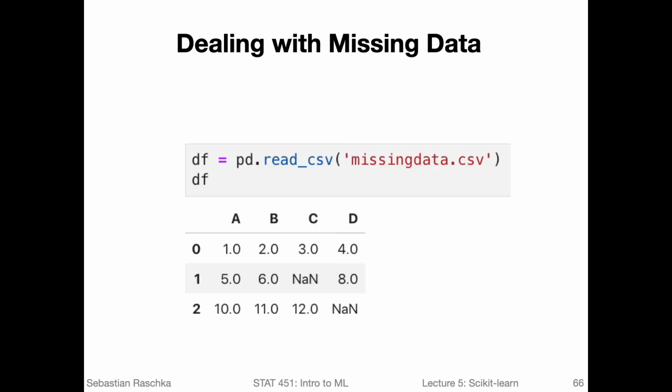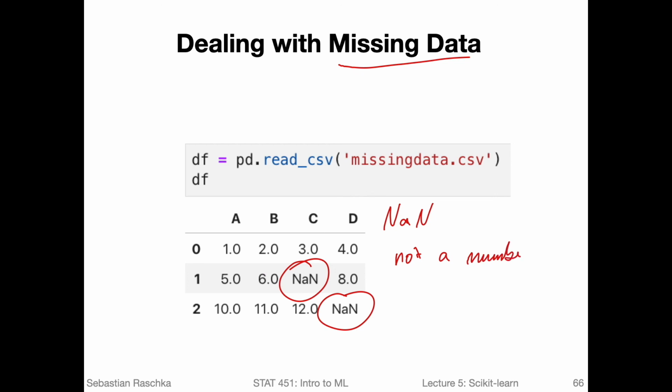Now we may also encounter a scenario where we have missing data, which is another problem. So there's also the missing data problem. For example, consider this very simple toy data set where I have two nans here. And nan, by the way, it stands for not a number.